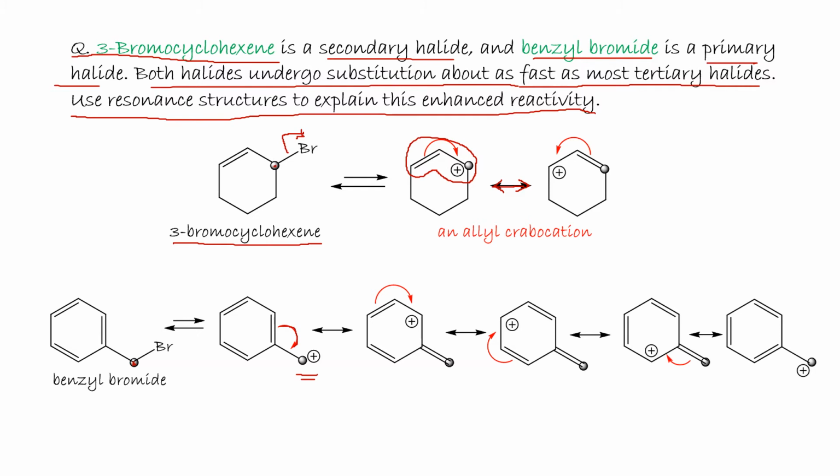Motion of 2 electrons will form a double bond, and the positive charge will be on this carbon, moving these 2 electrons to form a double bond here, and this carbon will carry the positive charge.